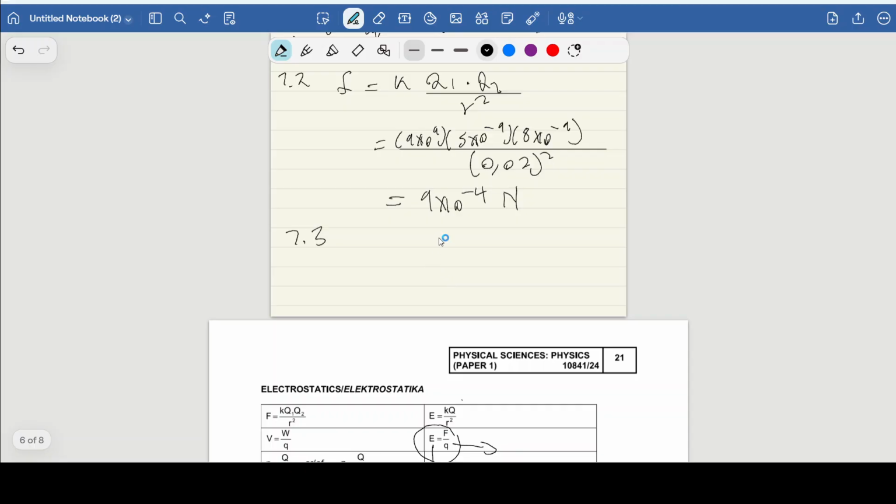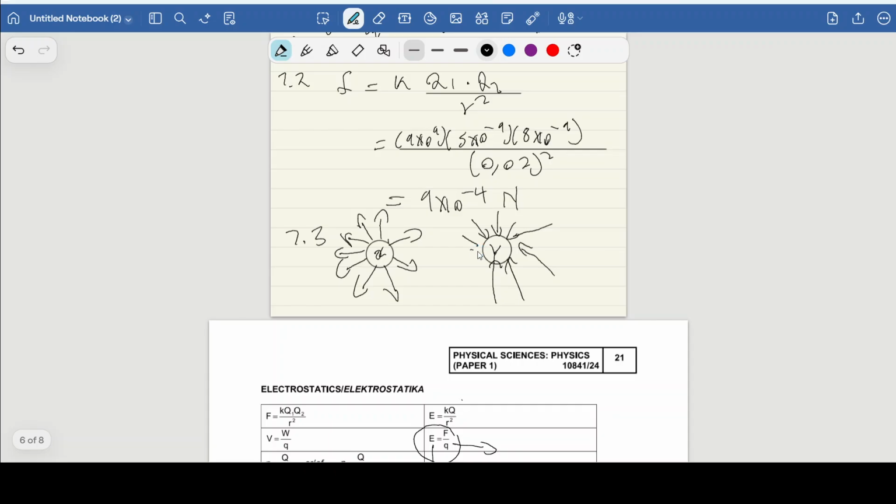Now I'm going to say this is my sphere X, then this is my sphere Y. Sphere X, since it's positive, the field lines are going to go out of sphere X. Now sphere Y, they're going to enter since it's negative.